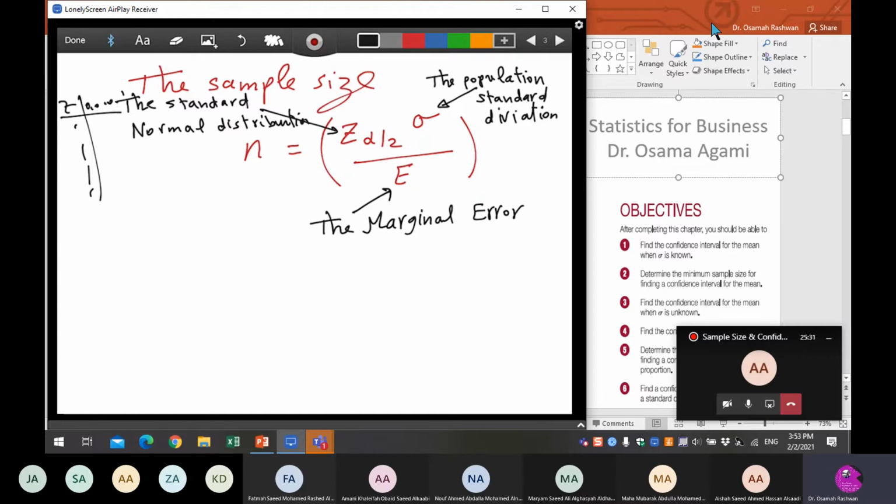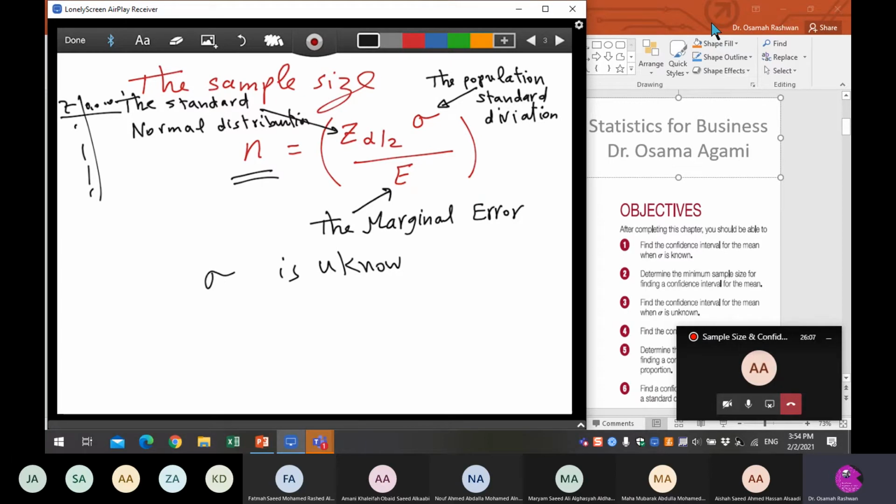This is a sample size when we are going to estimate the mean. So far, so good. You may ask your question. If sigma is unknown, are you going to replace sigma by S? I have no choice. How does it come that you replace sigma by S and you don't know your sample size?